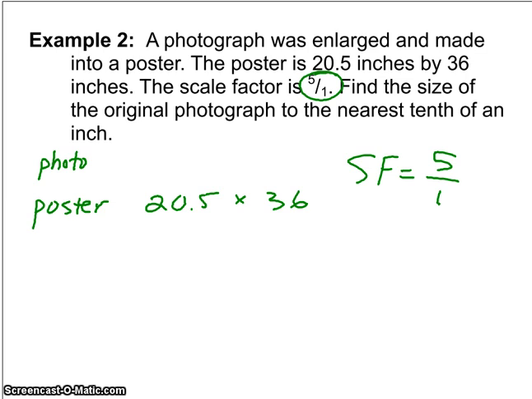What we can do with this information is write a proportion to find the dimensions for the photo. Going back up here, the poster is 20.5 inches by 36. So we have a shorter side, the width, and the length.